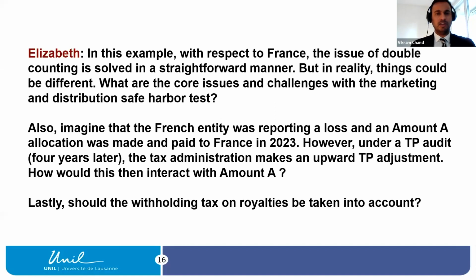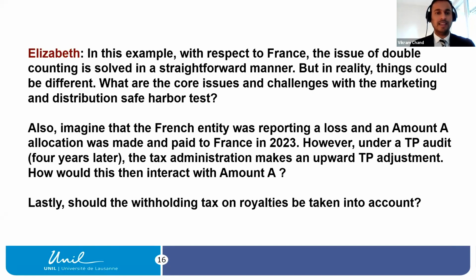Now, also just imagine, Elizabeth, that we are assuming the French entity is making profits. If the French entity was in a loss situation, then an Amount A allocation would have been made and paid to France. But just assume now, four years later, after an Amount A allocation has been made, the tax administration makes an upward adjustment in France, a primary adjustment on transfer pricing.